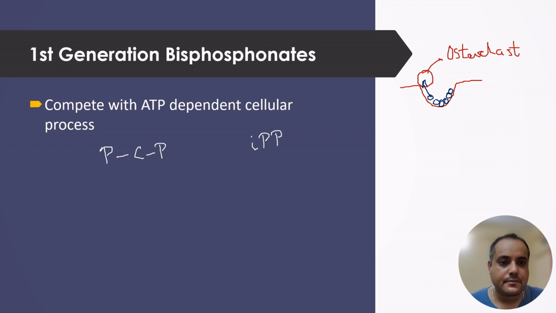Now you know that ATP is formed from AMP by the addition of inorganic diphosphate. Right? Now you have a large quantity of bisphosphonate that has been accumulated here, and it is being taken up by the osteoclast cells.